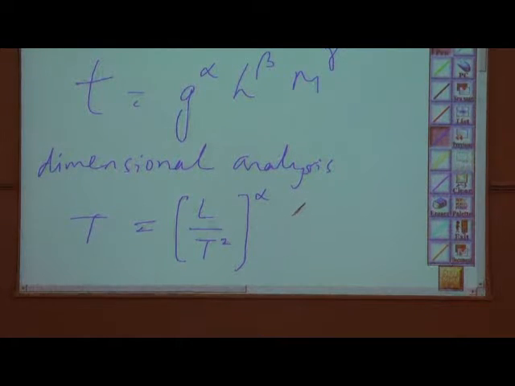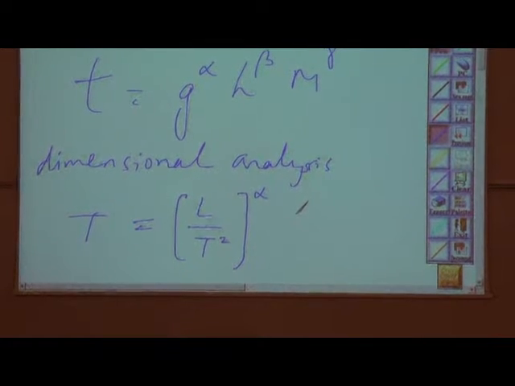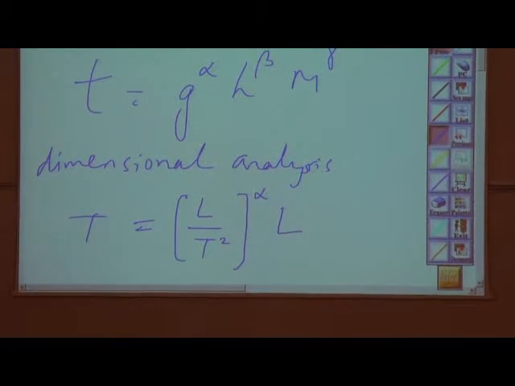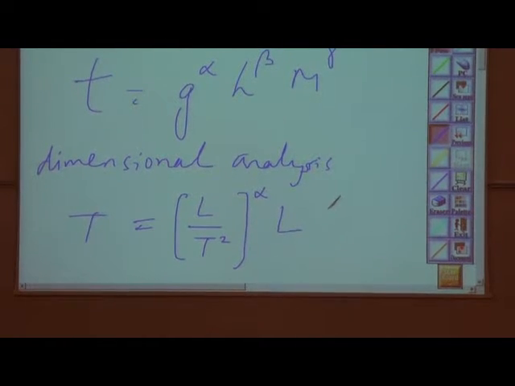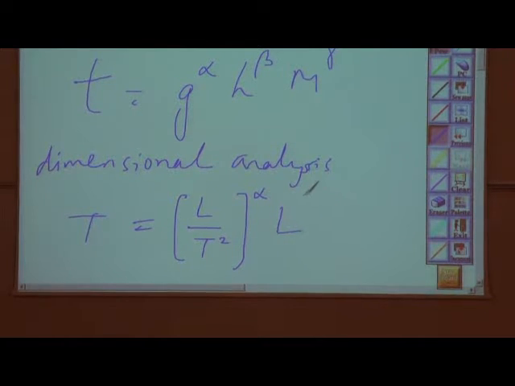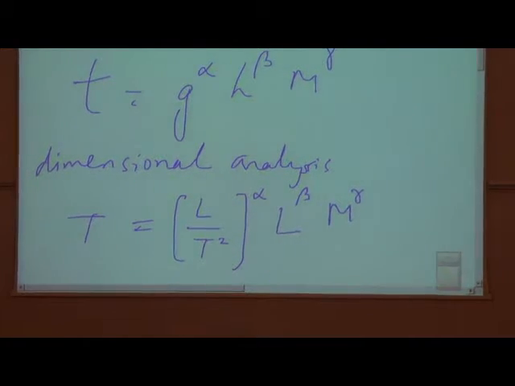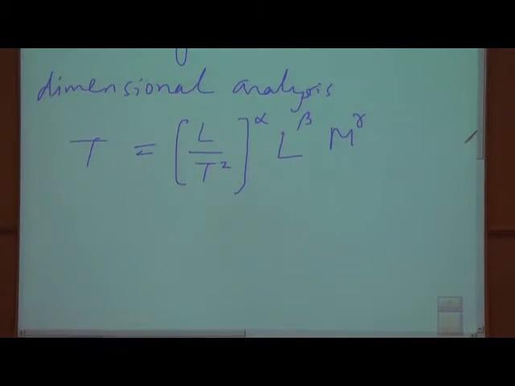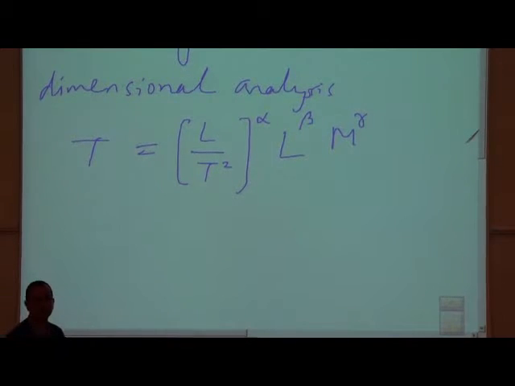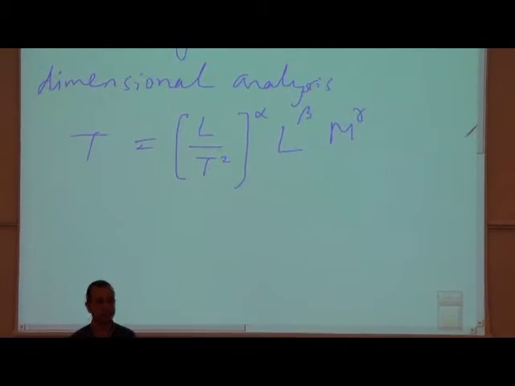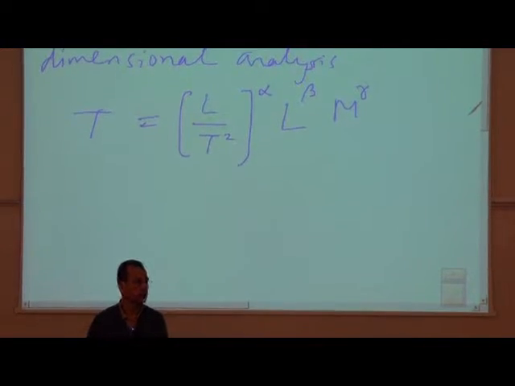And h, what's the dimension of h? Just L, right? It's just a length. And the dimension of m is just M. So this is L to the beta, M to the gamma.